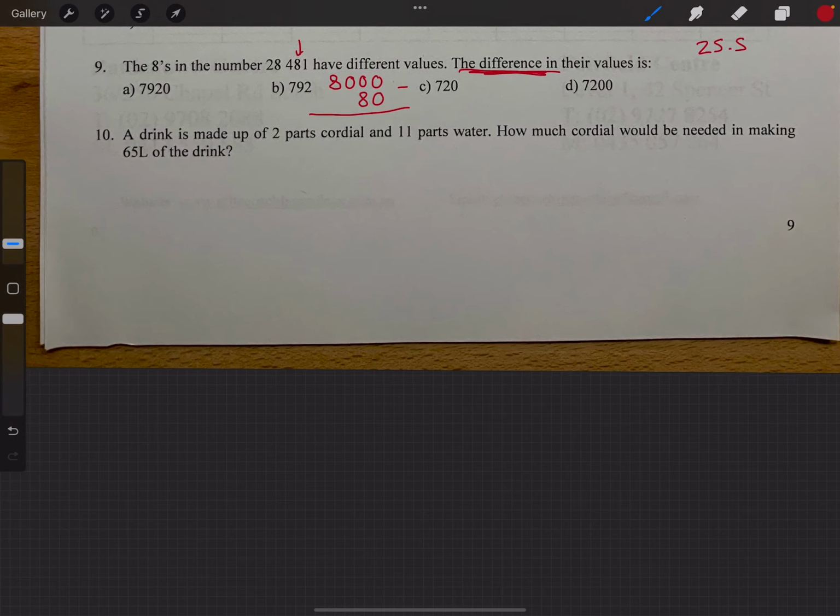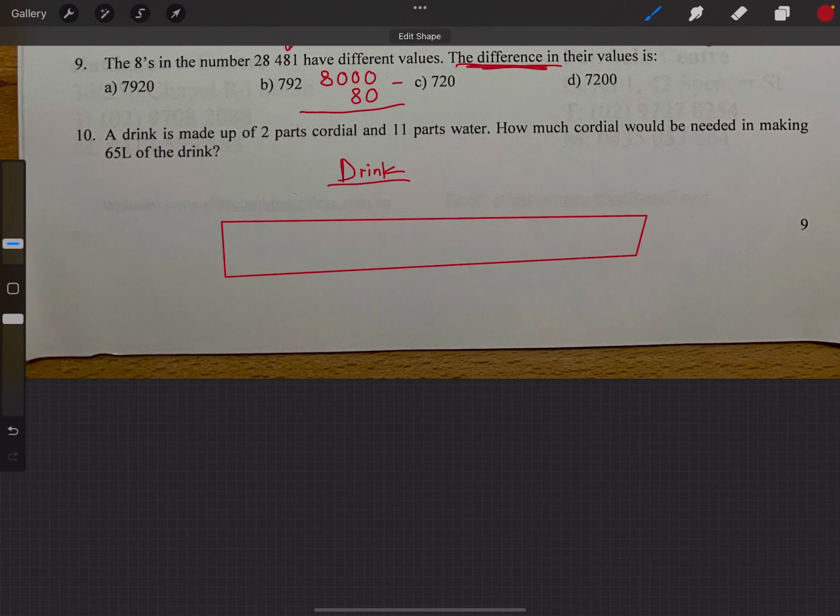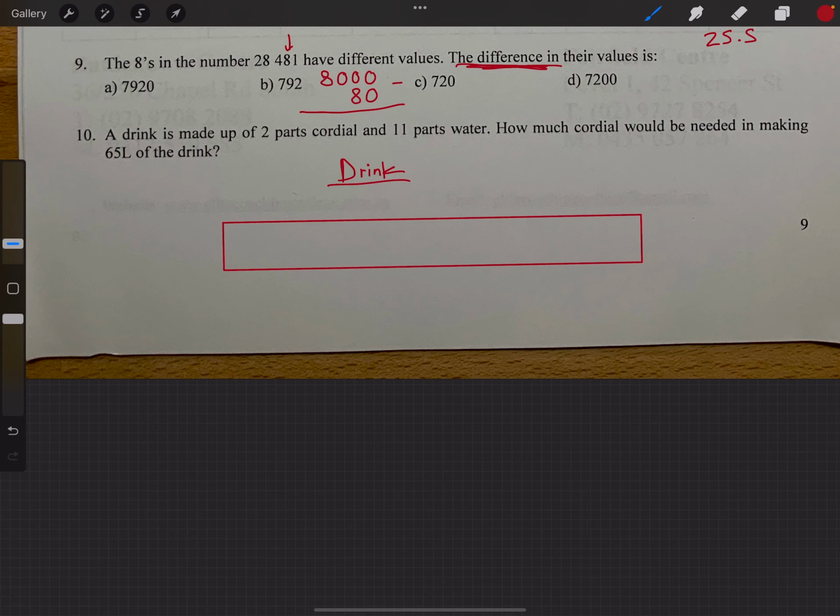Question 10. A drink is made up of 2 parts cordial. So here we have the drink. Okay, this drink, imagine if I draw a rectangle. It is made of 2 parts cordial and 11 parts water. What's 2 parts plus 11 parts? How many parts does this drink have altogether? It has 13 parts.